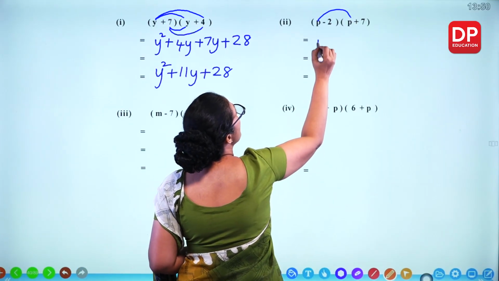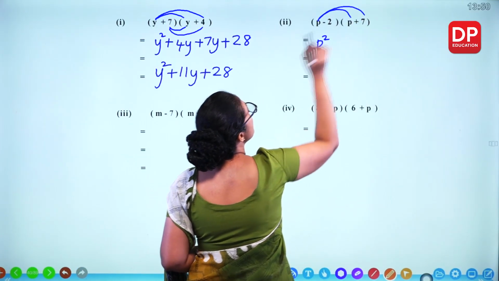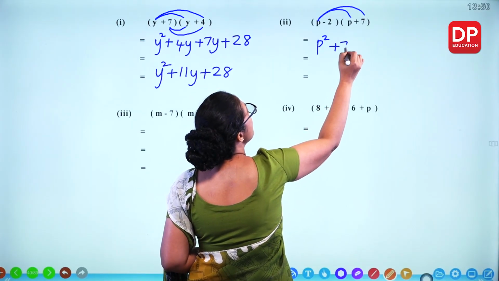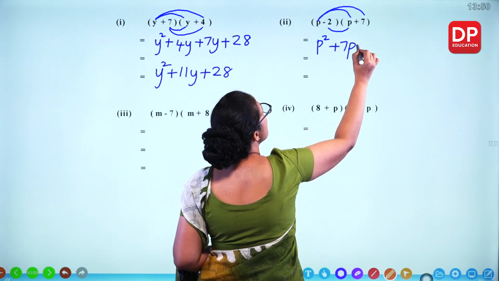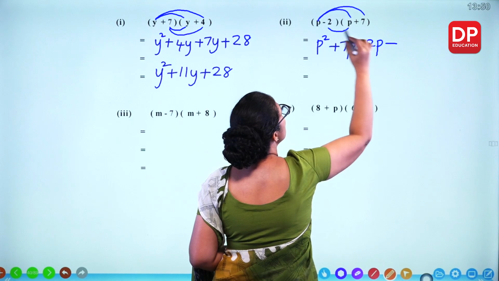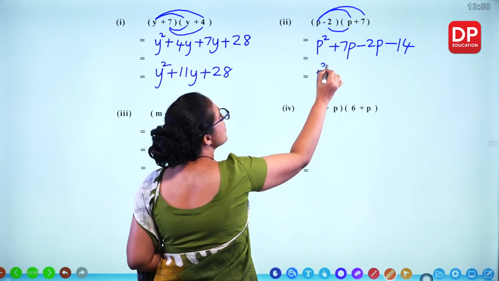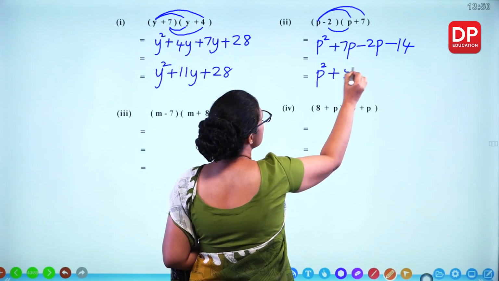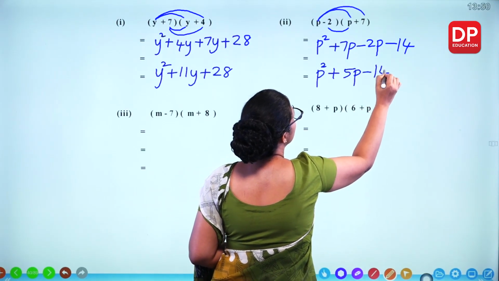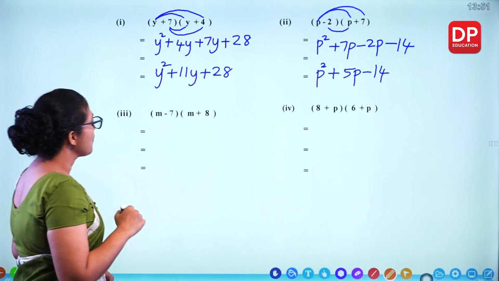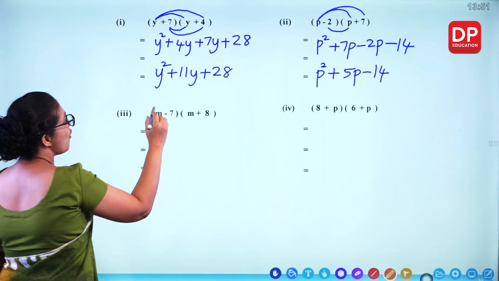This one, p squared. Then the second one is this, plus 7p. Third one is minus 2p. Fourth one is minus 14. Simplify, you get 7 minus 2, plus 5p. This one, use rainbow or FOIL method.